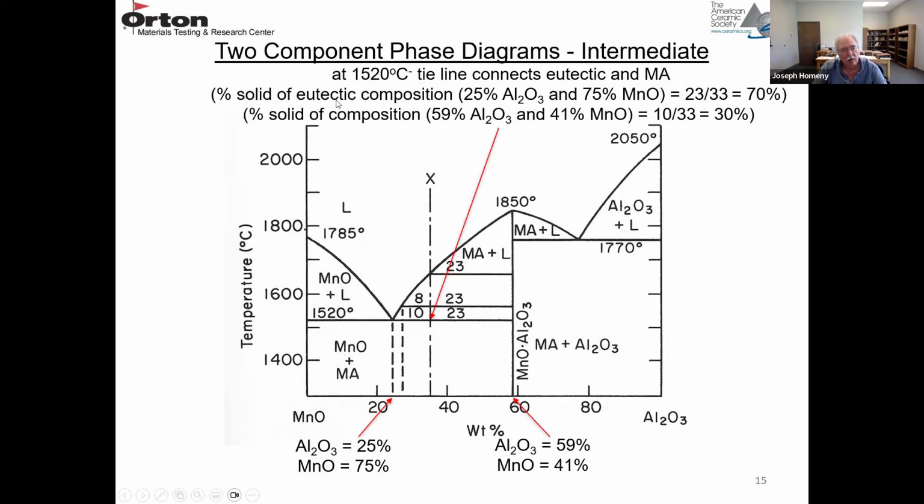So there's 70% of the eutectic solid, which consists of 25% alumina and 75% MnO, and then the percent solid of Ma, which is this composition here, 59% alumina, 41% MnO, is just 10 over 33, or 30%. So now you have 30% Ma and 70% of this eutectic composition, which consists of these two percentages, 25% alumina and 75% MnO.